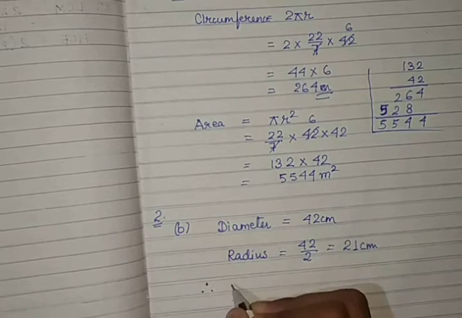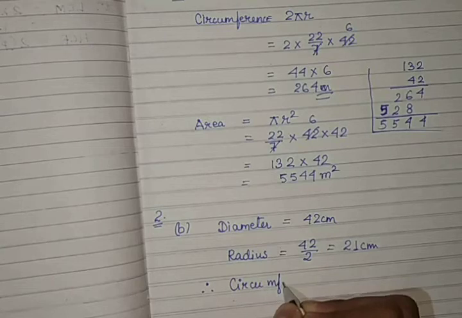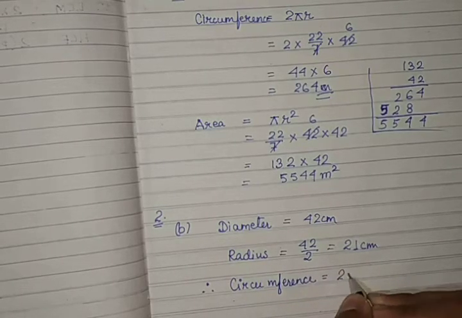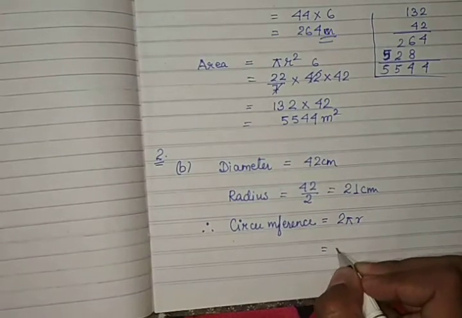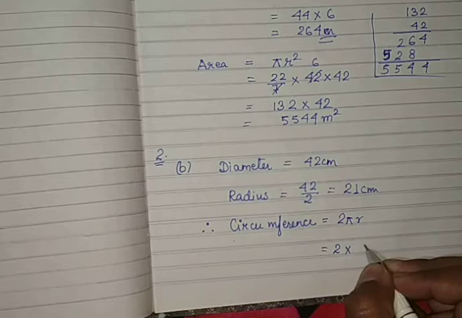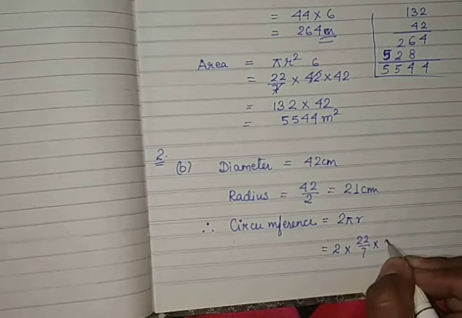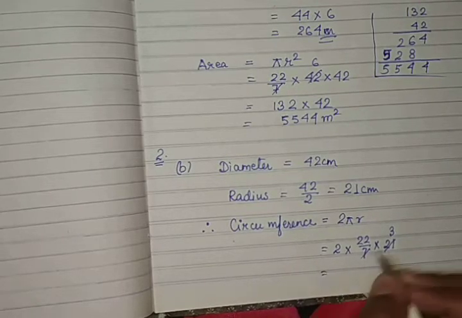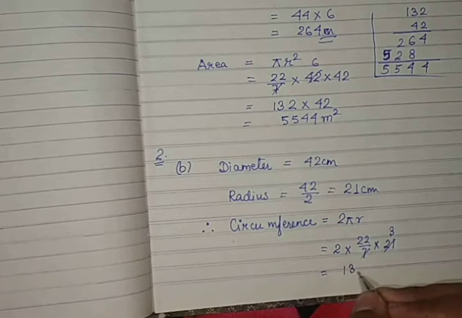Now therefore, for circumference, the formula is 2 pi r. Solving it, pi will be 22 upon 7 and r is 21. 7 3s are 21, 3 2s are 6, and 22 into 6 is 132 centimeter.